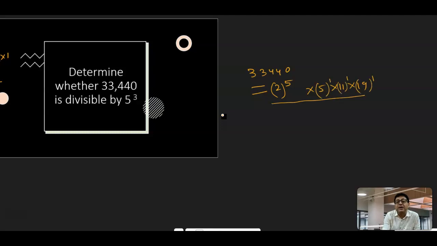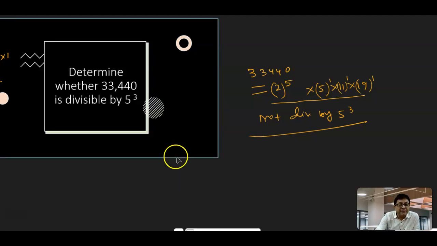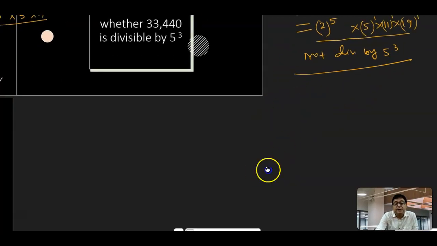Exponent of 19? 1. This is prime factorization, and this is not divisible by 5 cube because its prime factorization doesn't contain 5 cube. So two things are very clear: the factorial of any natural number gives the number in terms of prime factors, and second, whether a number is divisible by another number or not is understood by its prime factorization. Isn't it?